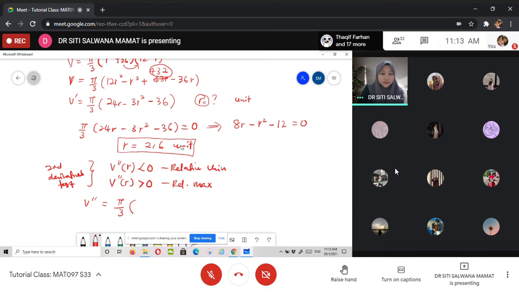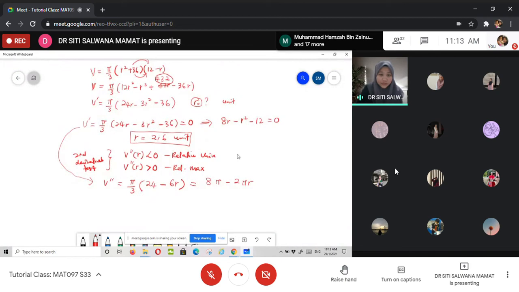This is 24 minus 6. Can? This one. I take it from here, V prime of R. So you will get V double prime. So I simplify this, what do I get, class? 24 over 3, I will get 8 pi minus 2 pi R. Okay, this is my V double prime.